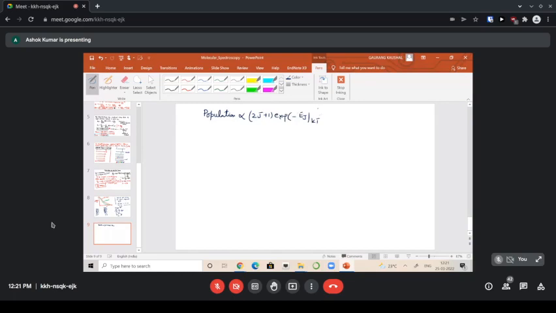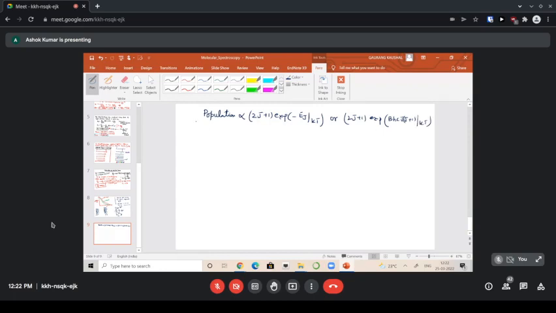You can write this EJ in terms of Bhc J into j plus 1. So you write 2J plus 1 times the exponential of minus Bhc J into j plus 1 upon kT.